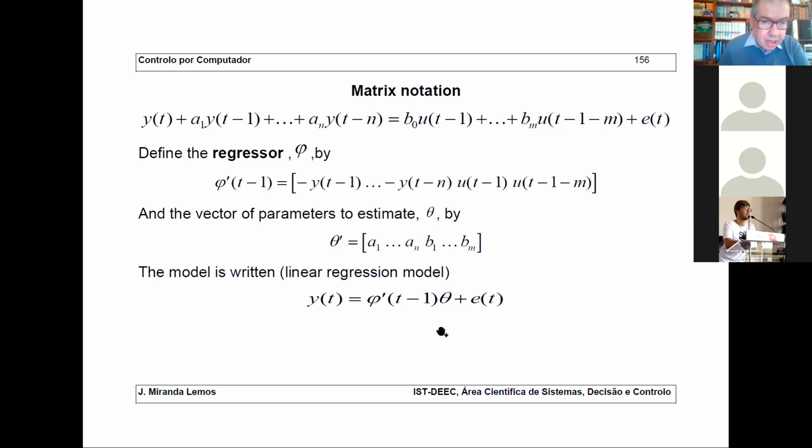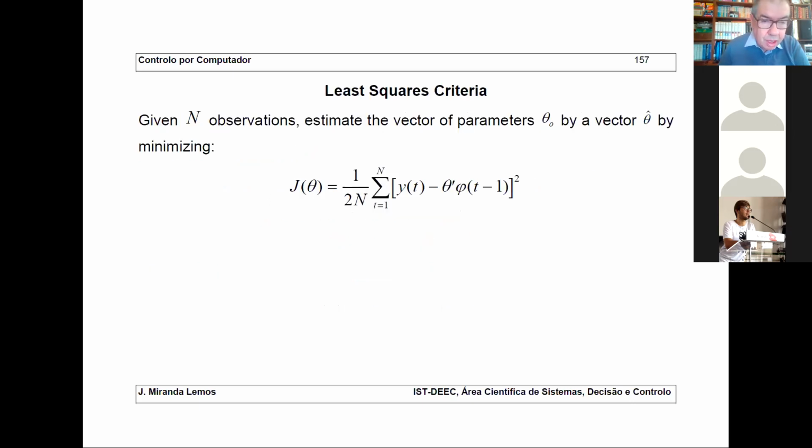Okay. Now, my least squares criterion is the sum for all points of data. So I call capital N the number of data points of y of t minus what I expect y of t to be.